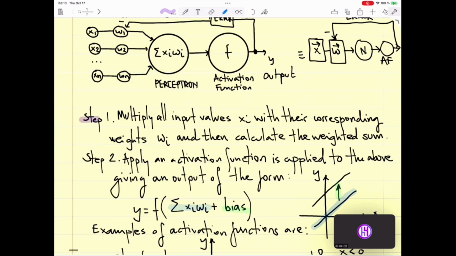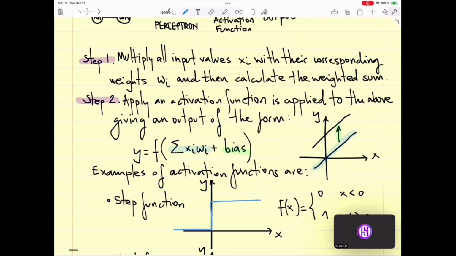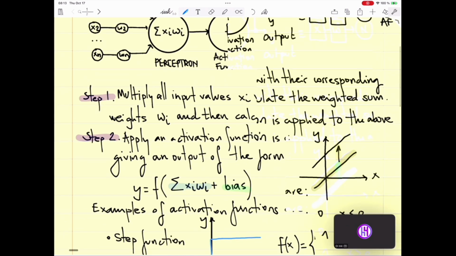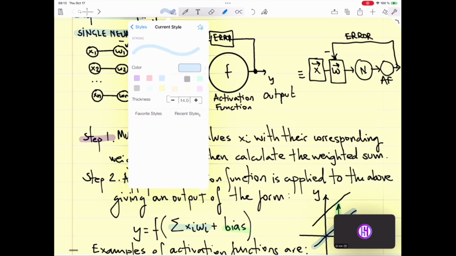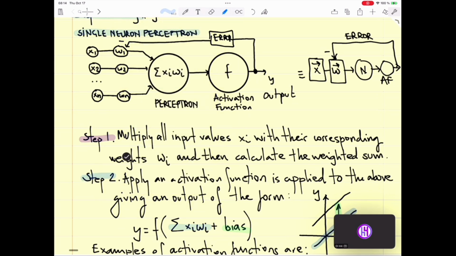So we have step 1, we have step 2. Any questions so far? Step 1 deals with this part. So this is basically step 1. Now let me use another color. So we have step 1, which goes here, okay?